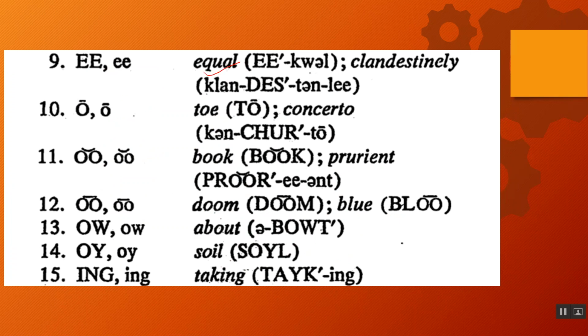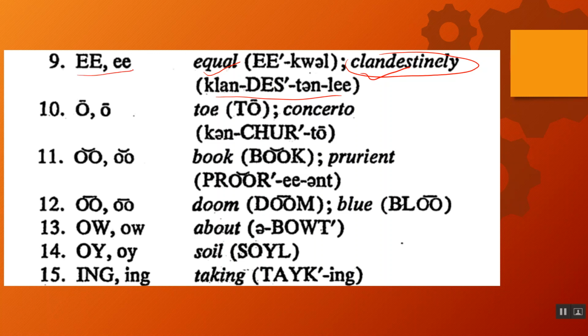Equal. It's not equal, it's equal. This is our word, and this is how to pronounce clandestinely. So this is E, equal, clandestinely.